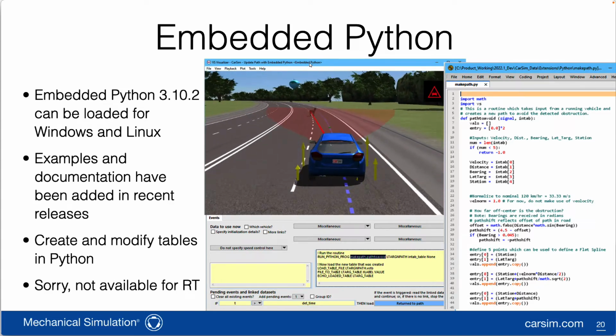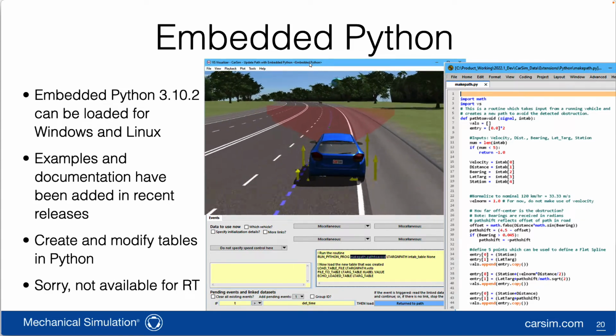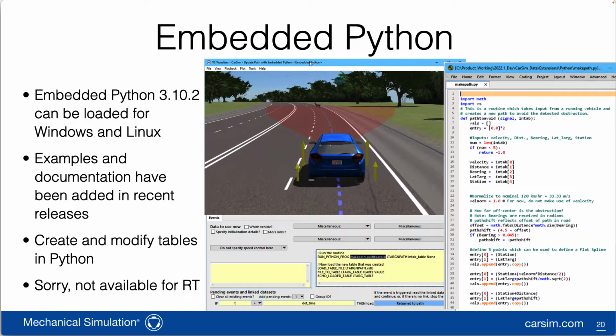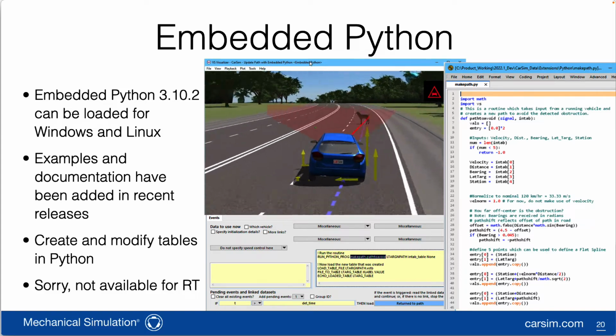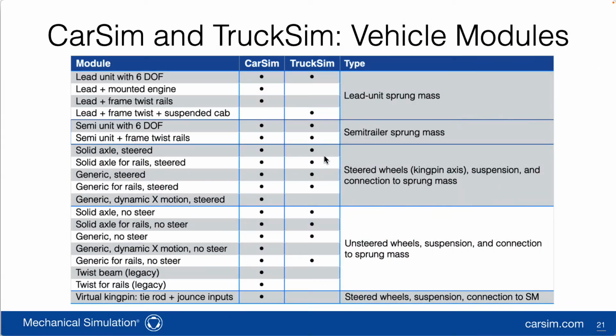Sadly, the real-time platforms tend to not have embedded Python, so this is mainly a tool for Windows and non-real-time Linux. A few years ago, we worked to change the architecture of how the VS math models are built. Instead of having custom solver programs for each configuration, we made a library that has all the possible configurations available as modules.